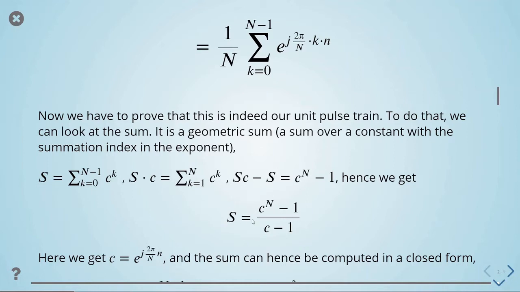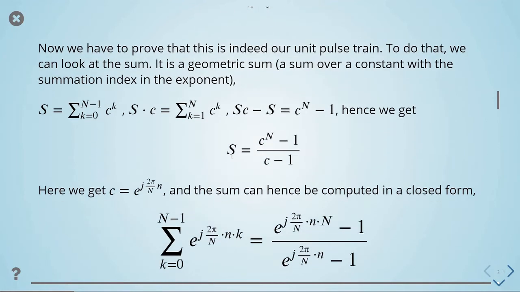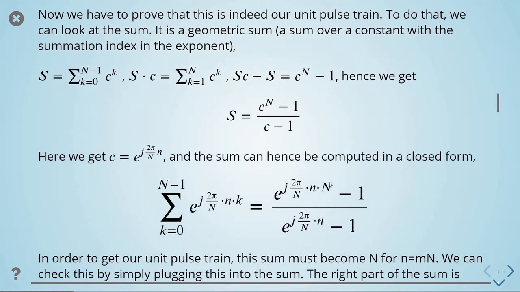And then we get this thing here. If we replace c by e to the power of j 2 pi n over N, we get this sum here, and that can be computed in a closed form.